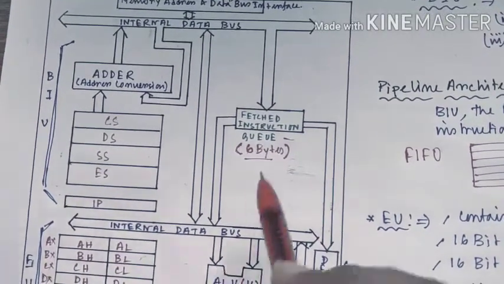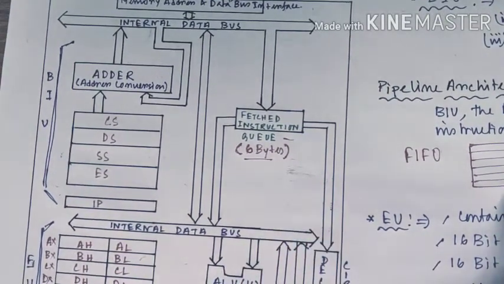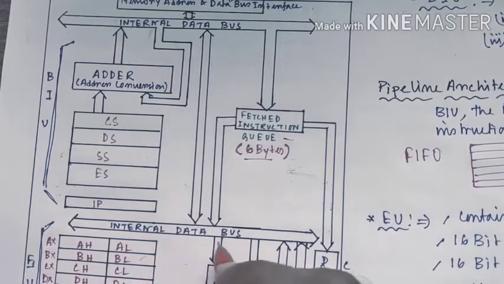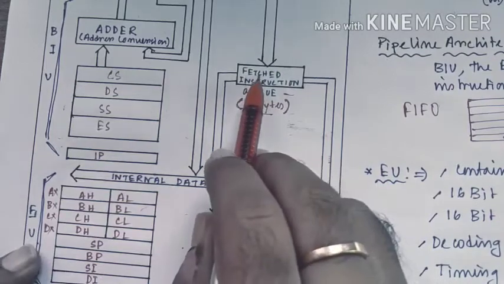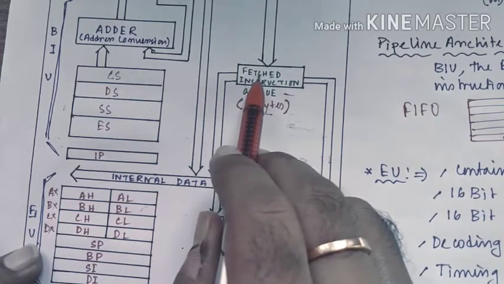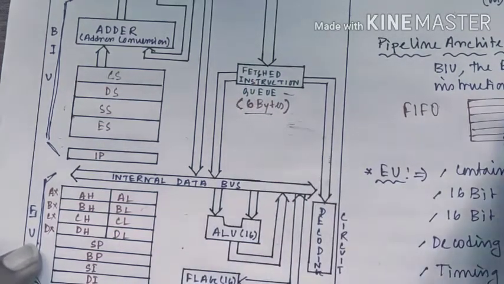Whenever the firstly fetched opcode is being executed by the execution unit, at that time this prefetch instruction queue will be filled up again by the next instruction available in the program that we want to execute.